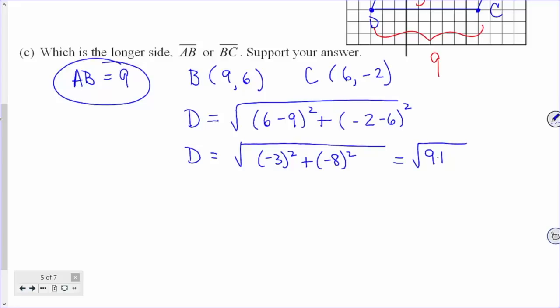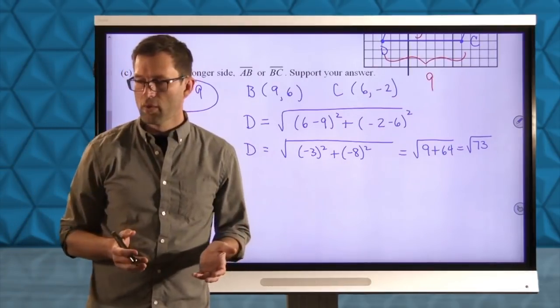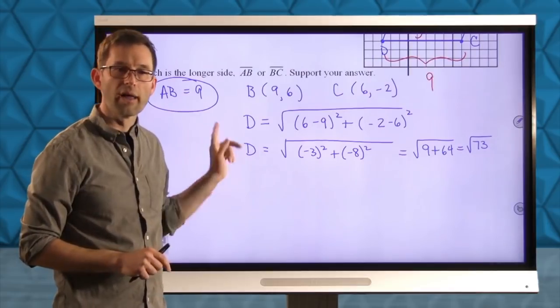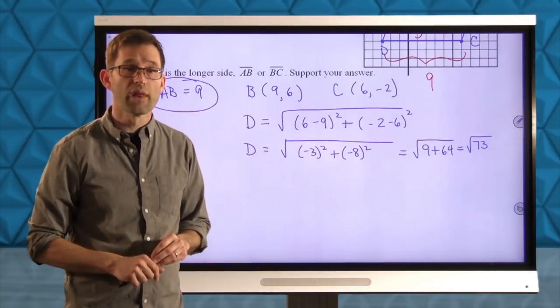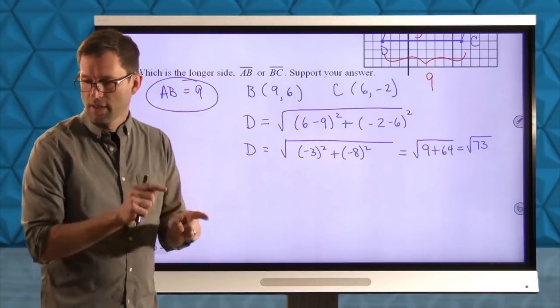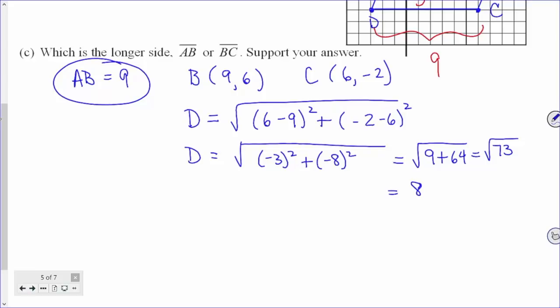That's going to be 9 plus 64, which is the square root of 73. Now, you probably already know that the square root of 73 is going to be smaller than 9 because 9 is the square root of 81. But you could, of course, always take your calculator out, type that in, and the square root of 73 is about 8.5, etc.